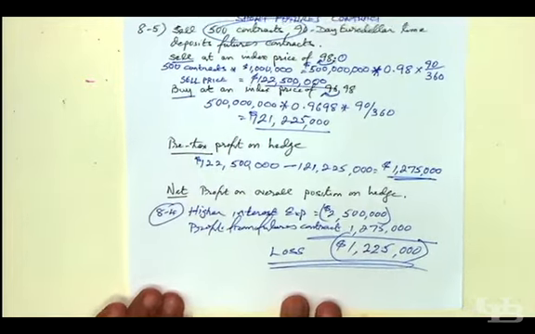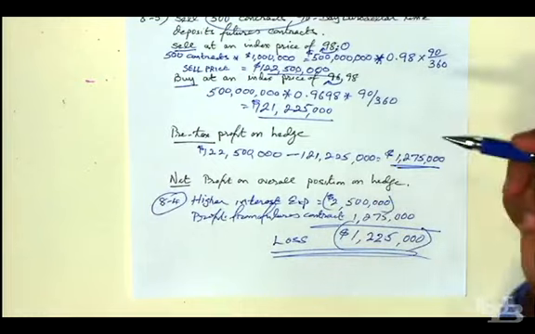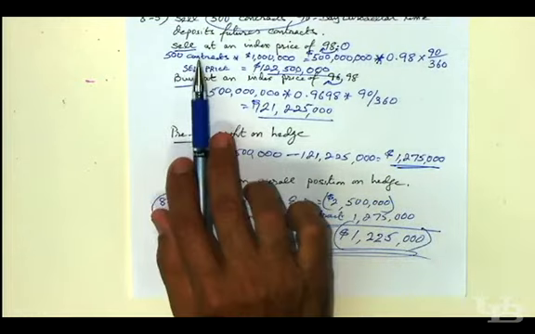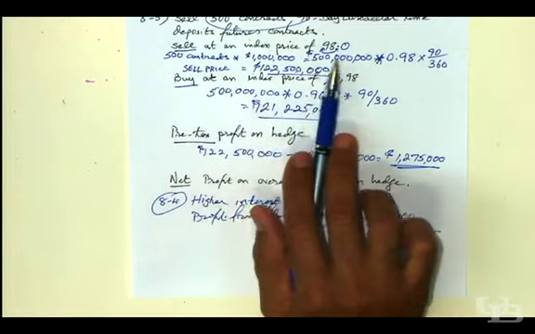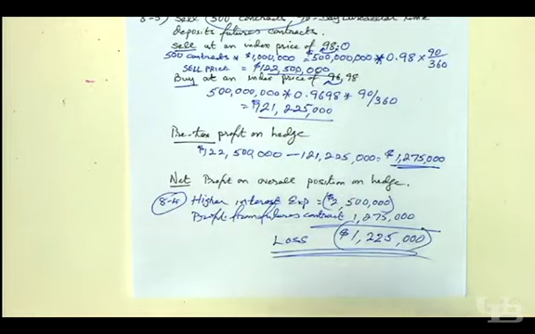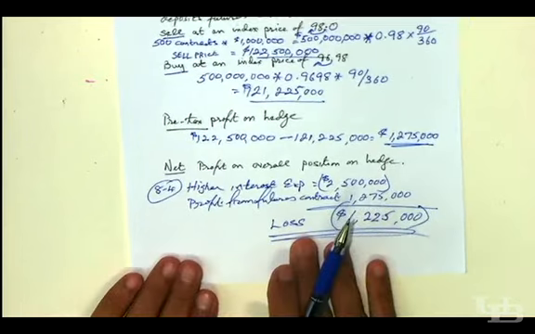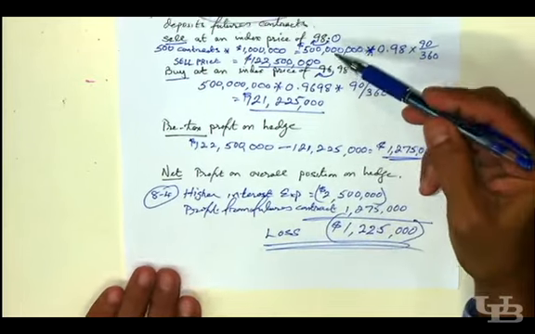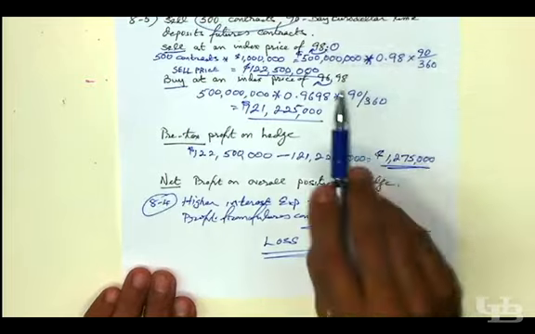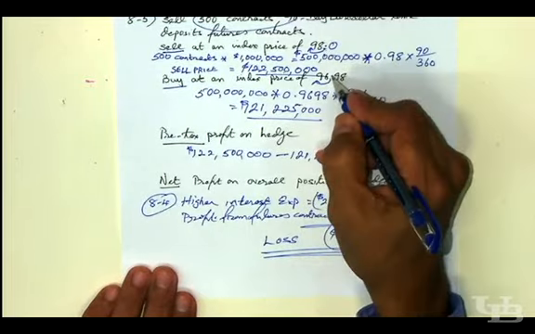Now, interest rates are expected to rise. If interest rates rise, the value of this contract will decline. Inverse relationship, if you remember. Rates rise, bond prices fall. So now the index price has declined from 98 to 96.98.